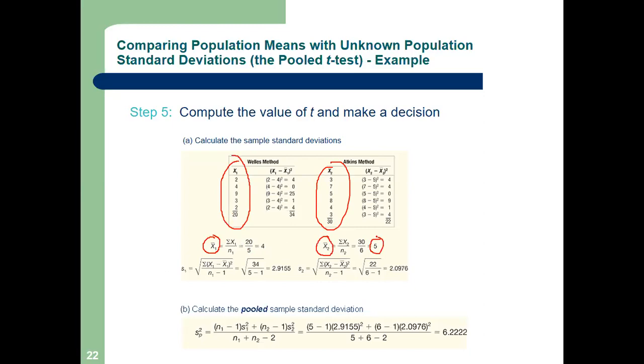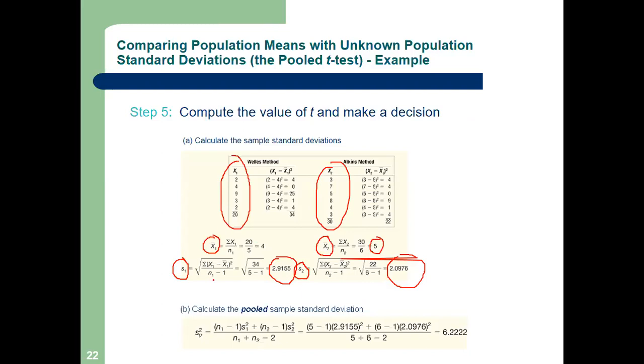In a similar way we can calculate the standard deviation for the Wells method, which is 2.9155, and also the standard deviation of the second sample. So sample 1 mean and standard deviation, sample 2 mean and standard deviation. First of all, you have to calculate this. Please write step 1: calculate sample mean and sample standard deviation.